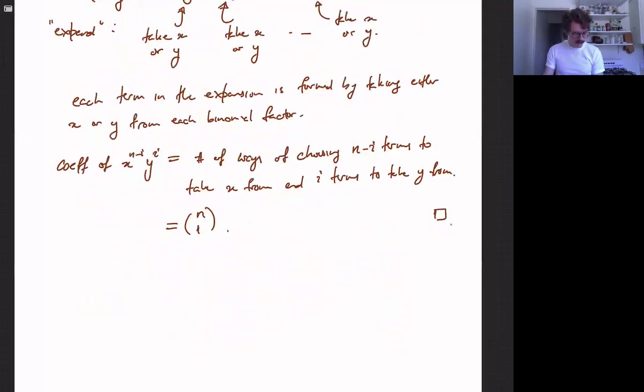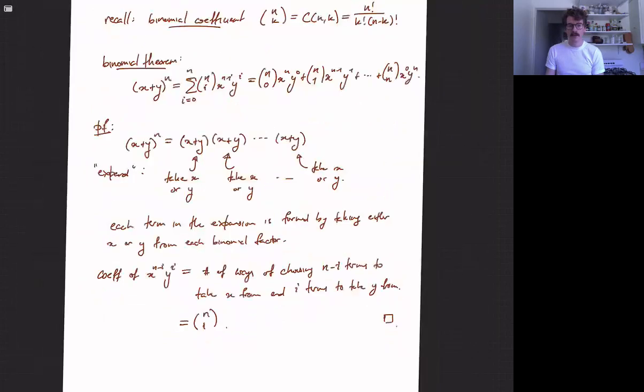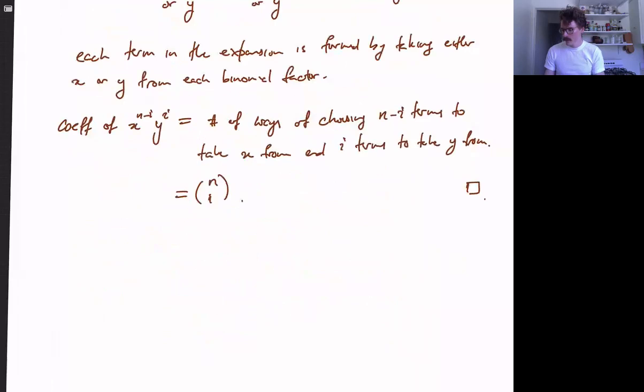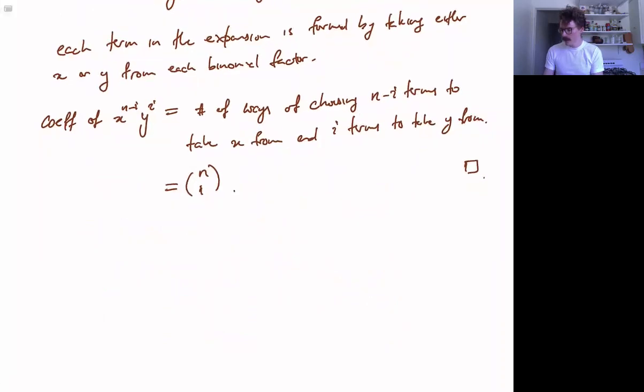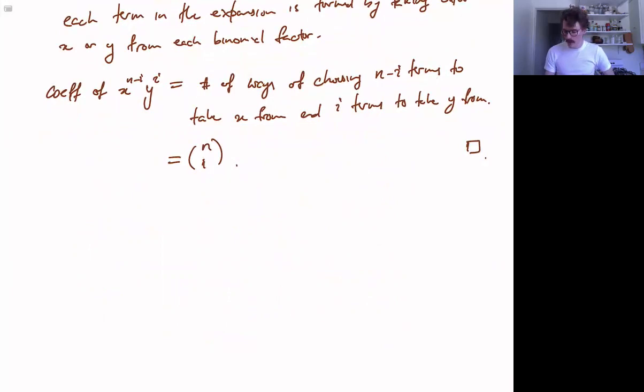Now I want to give a little identity that comes from the binomial theorem. I believe I set a practice problem to give a combinatorial proof of this, so maybe you have already done that. Maybe you are already familiar. But here is another way of doing it from the binomial theorem.